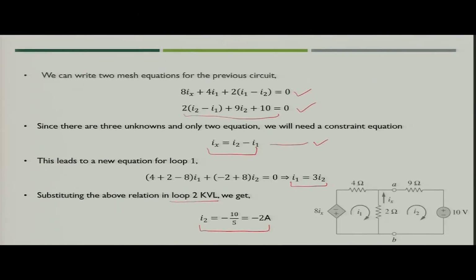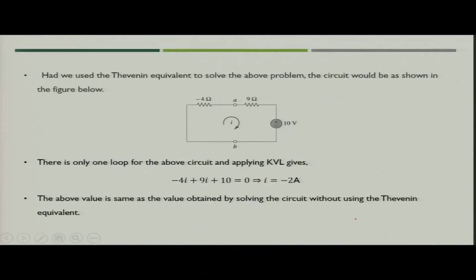Now, this is what you got when you did not apply Thevenin theorem to solve this particular circuit. Now, you know that we have calculated the Thevenin resistance across these two terminals, while there was no Thevenin voltage. So, using the concept of Thevenin theorem which we discussed, we have only the minus 4 ohm resistance as the Thevenin resistance with no Thevenin voltage.